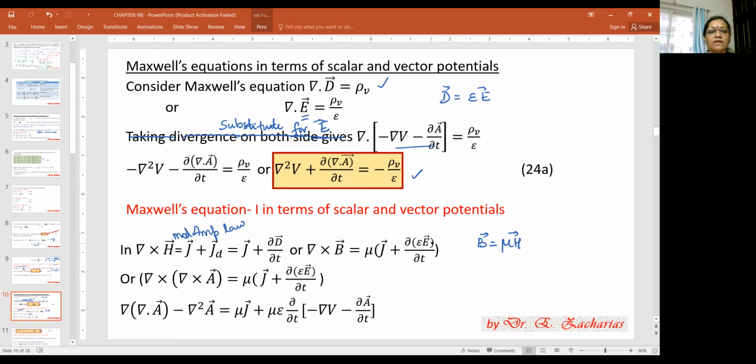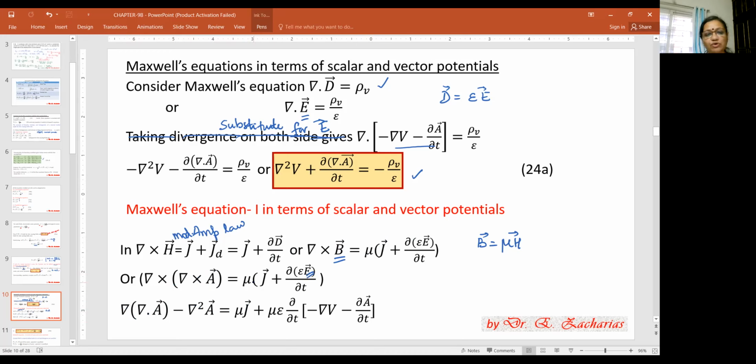Next, what you do is you can substitute for B. B is del cross A. So you get del cross del cross A. And del cross del cross A will become del of del dot A minus del square A, and come to the right hand side. On the right hand side also do the same exercise. You write mu J as the first term.